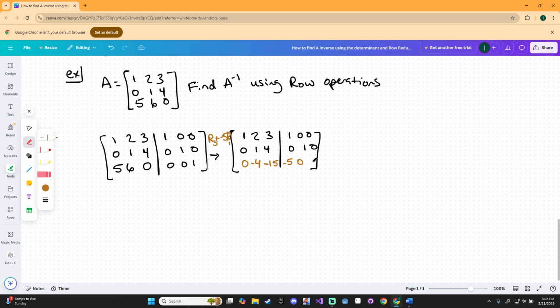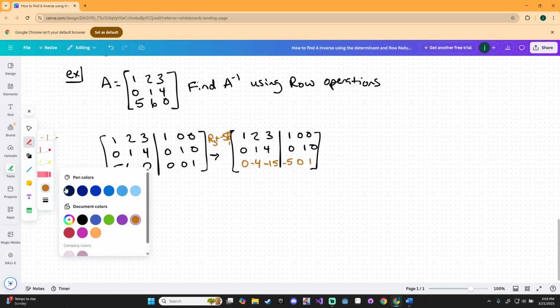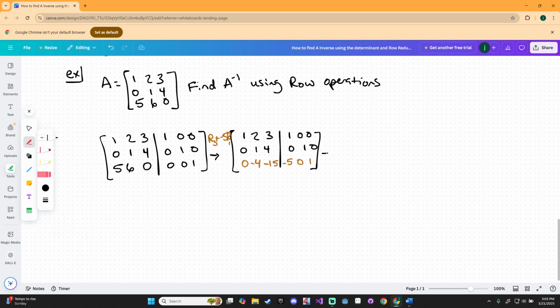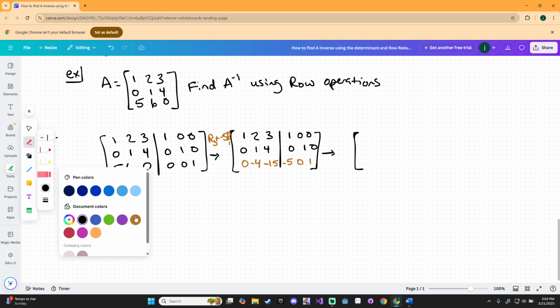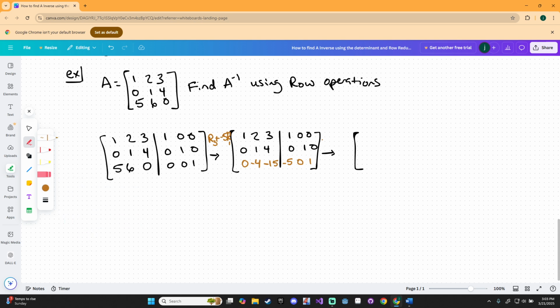And 1 plus 0, 1. All right. Now, what we can do is we can get rid of this 4 here, make this one a 0 using row 2. So we'll do R3 plus 4 R2 to make that 0.